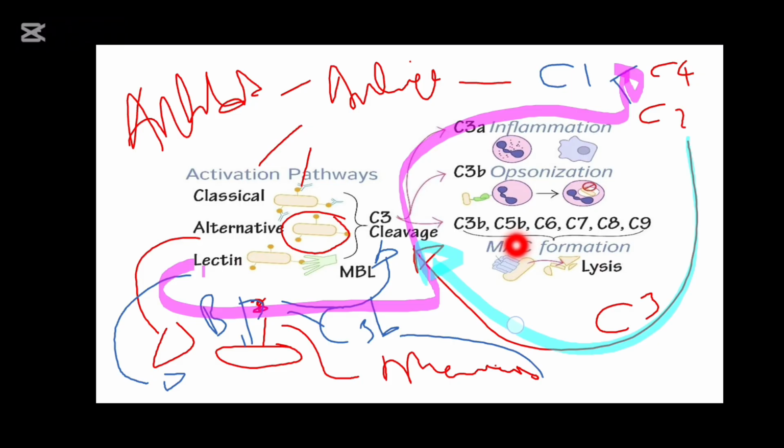So this C3b and C5b are going to combine with C6, C7, C8, and C9. I said we're going to mention all of them. Once this combination has been made, they form what we call the membrane attack complex. The membrane attack complex is MAC.